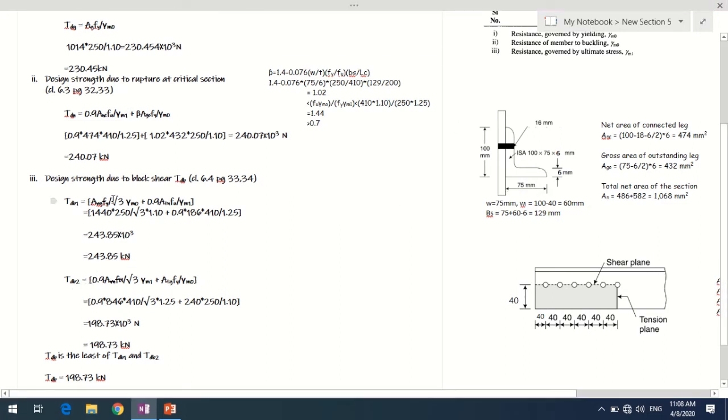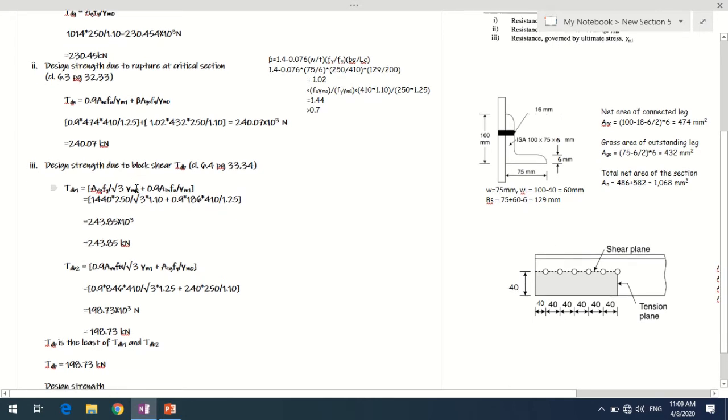And one more we have is the strength due to block shear, Tdb, which is given by these two equations over here. In case the yielding is along the shearing plane, it will be this equation which gives us the strength under block shear.